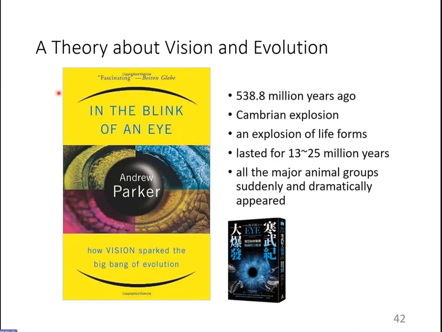It means when we find a lot of fossils, okay, we found before 538 million years ago, there are very few kinds of animals. But in that moment, at the last period, suddenly there are a lot of different species that occurred at the same time. How do you explain it?